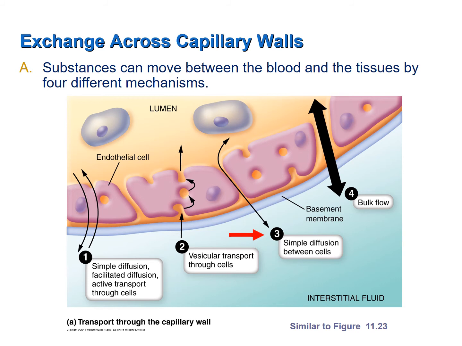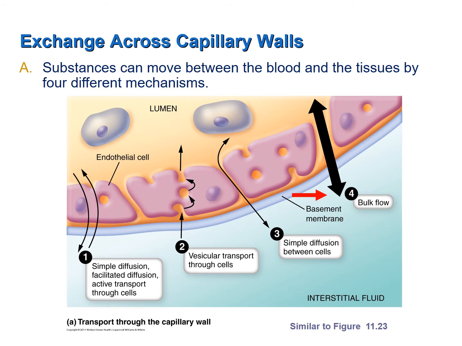Some capillaries also have large spaces or pores between endothelial cells, which allow movement of large amounts of water and dissolved substances across the capillary wall by a process called bulk flow. Bulk flow plays an important role in the flow of water between the capillaries and the interstitial fluid.